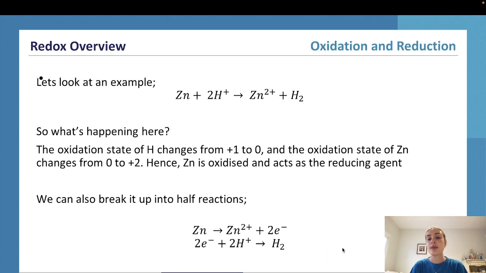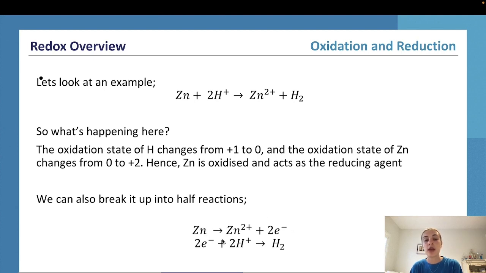And so to look at this more clearly, we can also break it up into half reactions. We can say that zinc forms zinc 2+ plus 2 electrons, and that would be our half reaction for the oxidation of zinc.